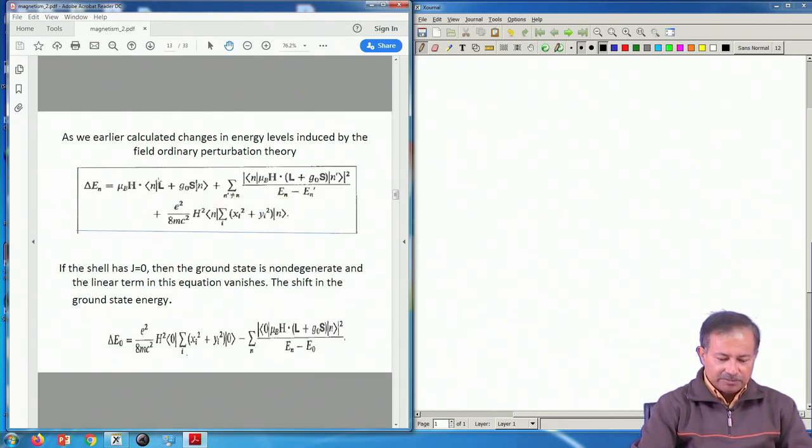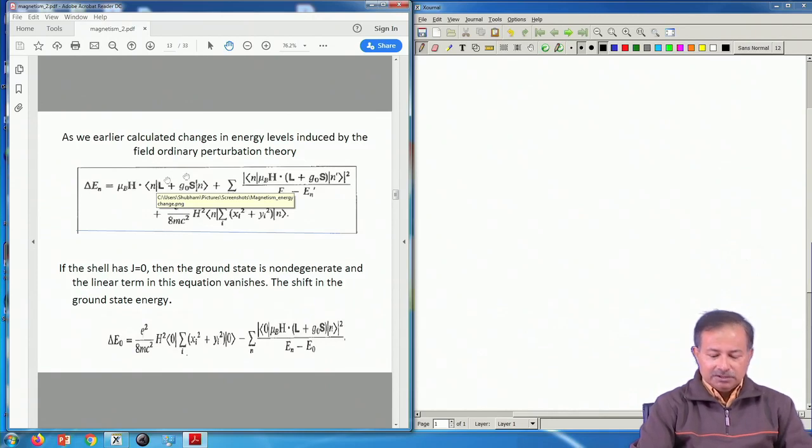This can be shown: L plus g_0 S, this whole thing, the expectation value in the ground state, vanishes because this can be replaced by something proportional to J. So, the expectation value actually is proportional to J, and if J equal to 0, then this term vanishes. So, this will vanish for the closed shell as well as for the n equal to half minus 1 situation.